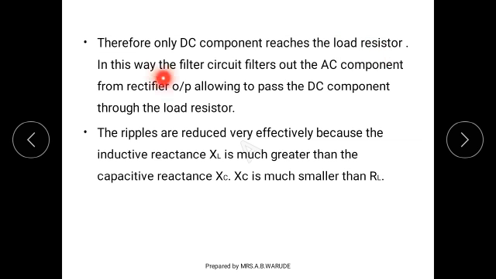And in this way the filter circuit filters out the AC component from a rectifier output, allowing only the DC component to pass through the load resistor, and the ripples are reduced effectively because the inductive reactance XL is much greater than the capacitive reactance denoted by Xc, and here this Xc, that is capacitive reactance, is much smaller than the value of RL.